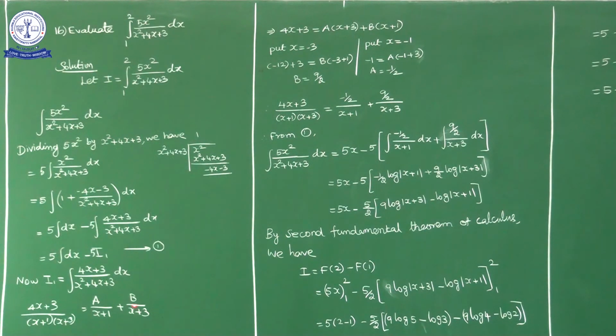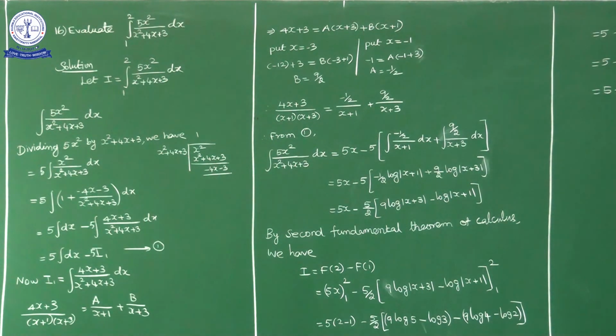If you take the LCM, the denominator is the product of these two factors, so x plus 3 comes to this side and x plus 1 comes to that side. So we have 4x plus 3 equal to a into x plus 3 plus b into x plus 1.